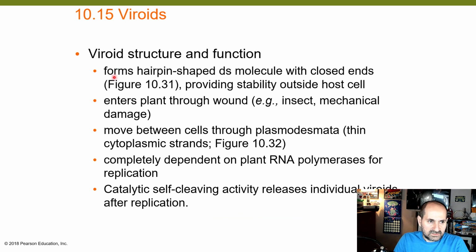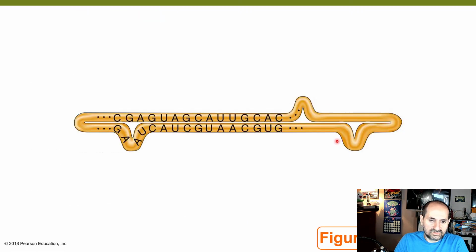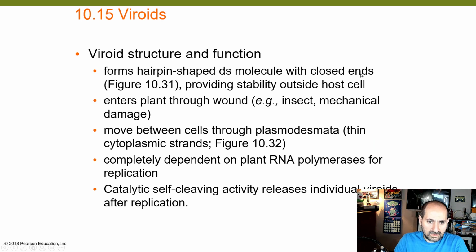So what happens? The viroid forms a hairpin-shaped double-stranded molecule with closed ends. I think I showed you here's a picture. This is a small RNA double strand because it folded back on itself with closed ends. This shape that it adopts provides stability outside the host cell. It can enter the plant through a wound.